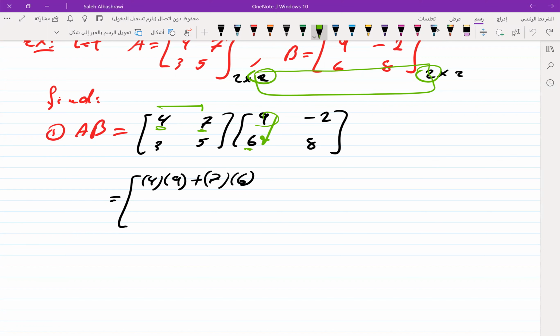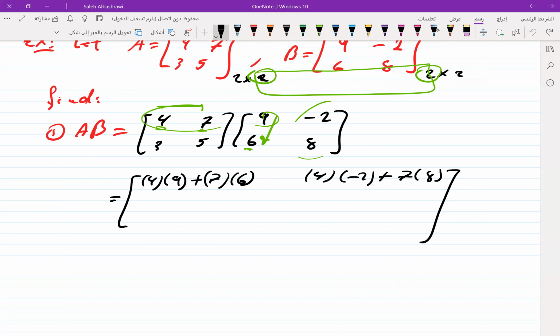This gives the first element. Now the same row of the first matrix with the second column gives 4 times minus 2 plus 7 times 8. Again, multiply the first element in the first row with the first element in the second column, and the second element in the first row of A with the second element in the second column of B.